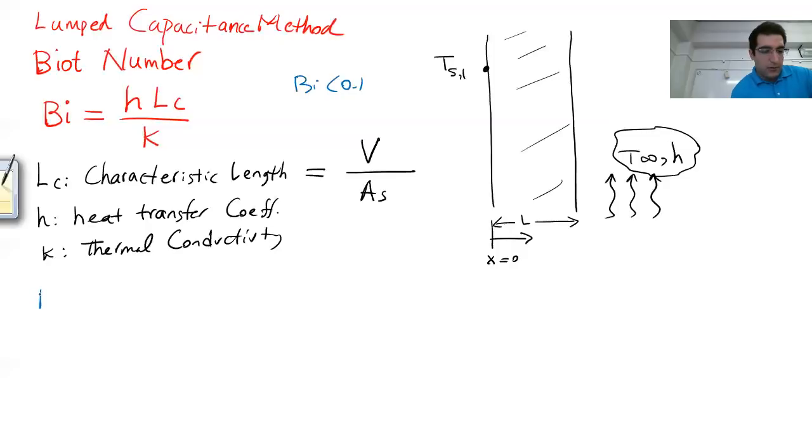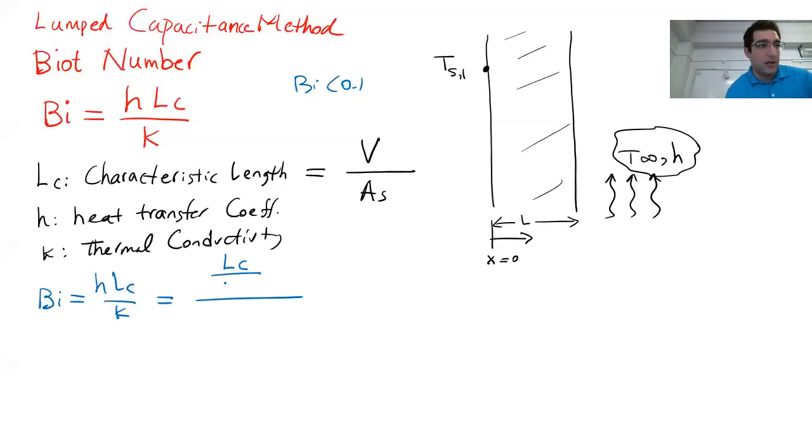Now, if I rewrite the Biot number, we said Biot is defined as h Lc over k, correct? I'm going to write the same Biot number in this form. On the numerator, I'm going to have Lc over kA, and in the denominator, I would like to put 1 over hA.